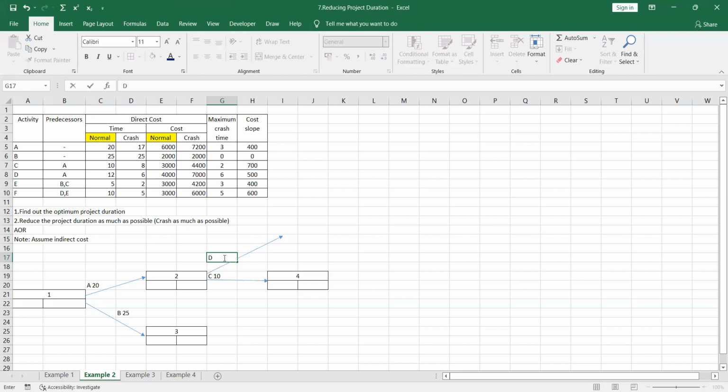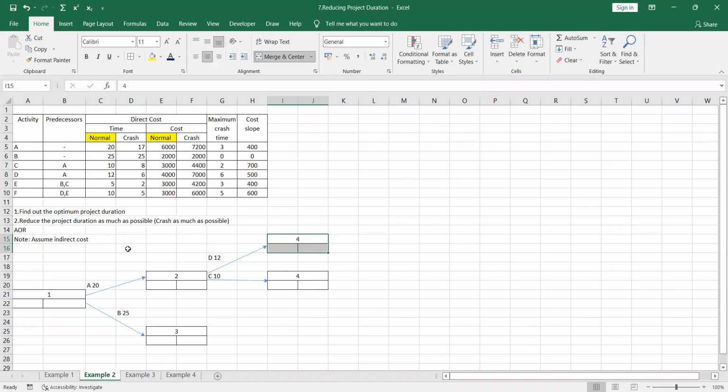For the D activity, the predecessor is A and the normal time is 12. Right, so I have done the D activity.